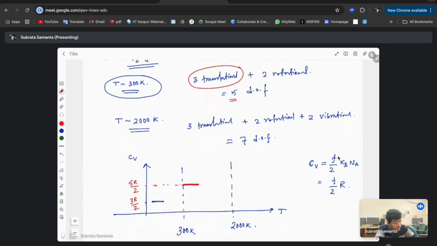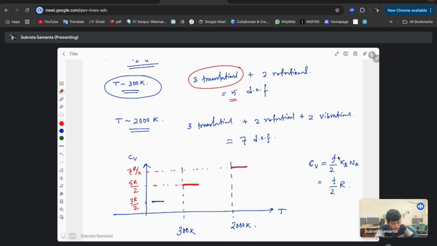If you increase the temperature further, around 2000 Kelvin, your vibrational modes are also active, so the total specific heat CV is basically 7R by 2.